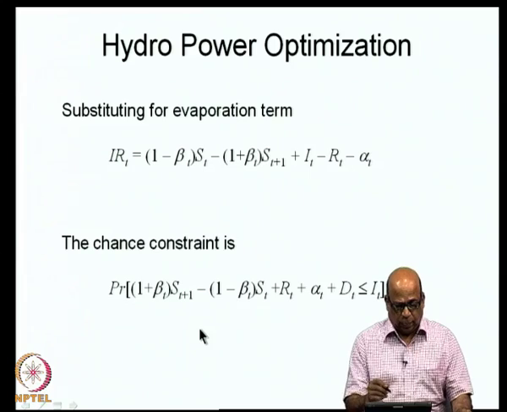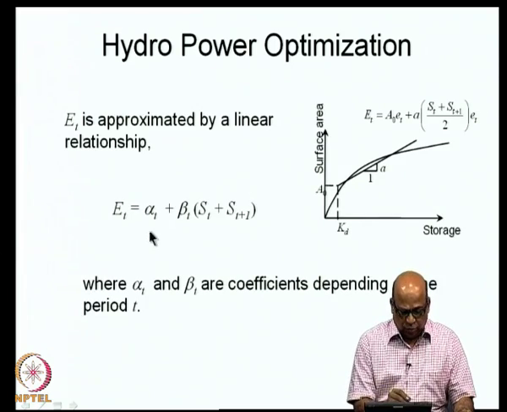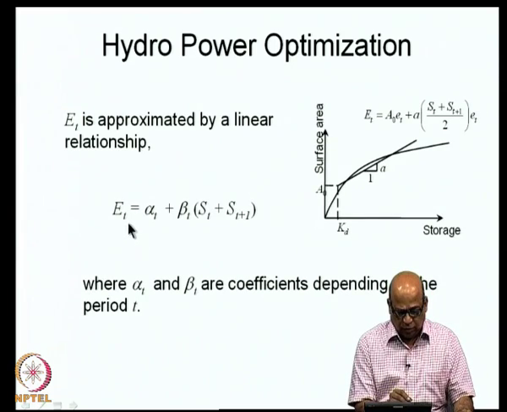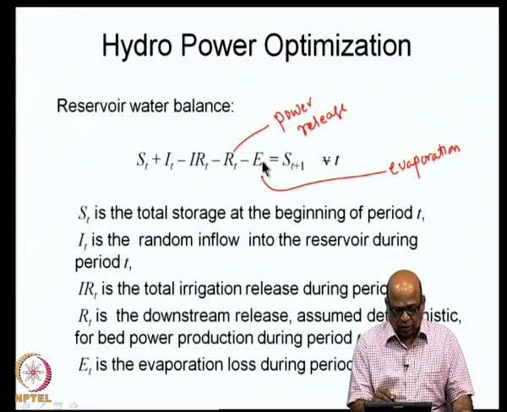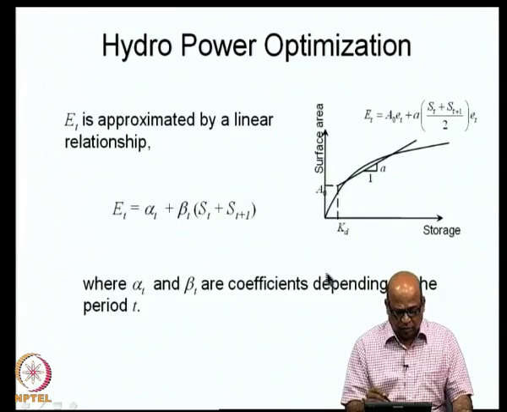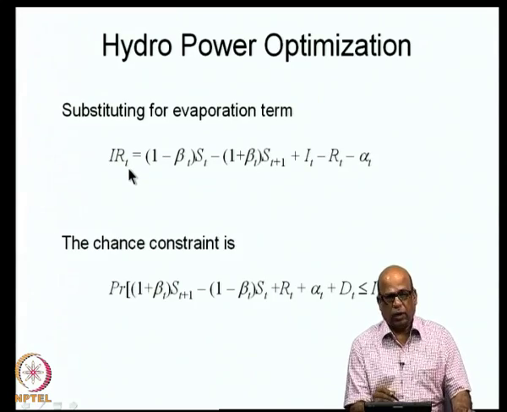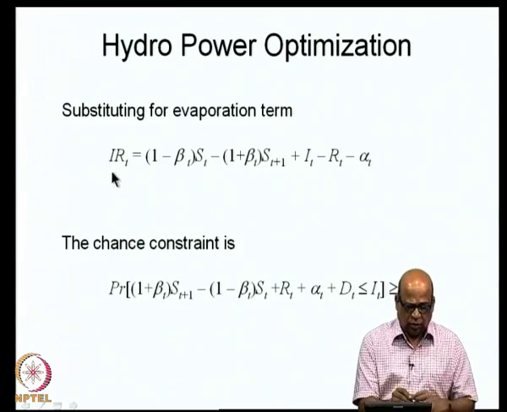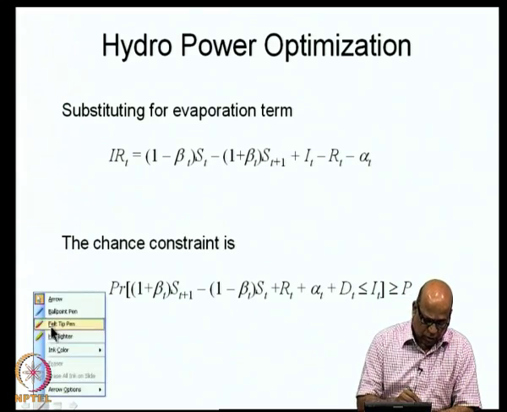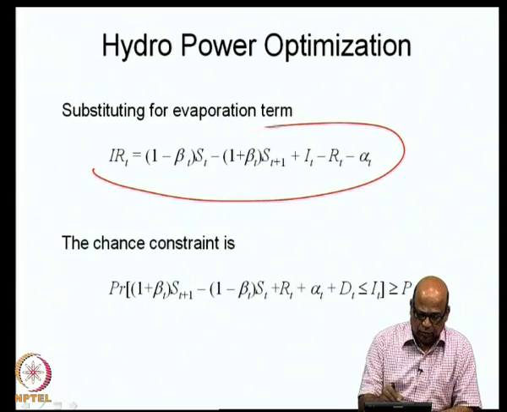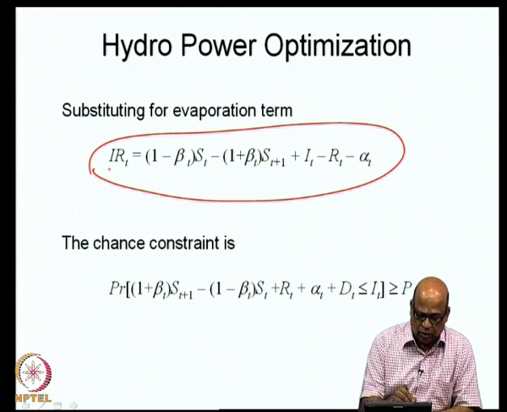Then the evaporation loss, once we write Et is equal to alpha t plus beta t into St plus St plus 1, we put that into the continuity equation and write for IRt. From the continuity equation, I take the IRt into the left hand side, we get this as the continuity equation. So, we use this as the continuity equation for irrigation release.